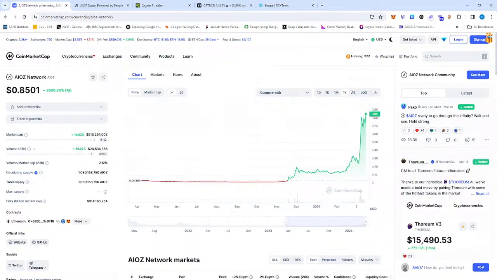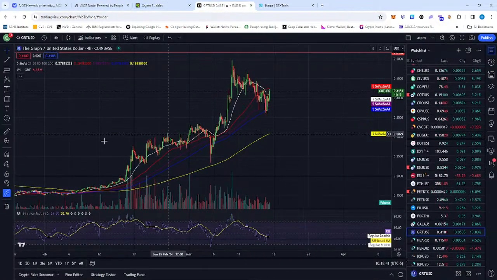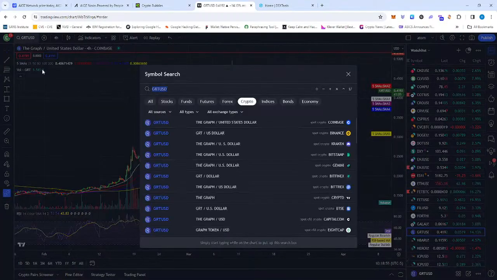Are there any other questions that y'all got? Anything that you want to know? Any coins you want to look at before I head out? Just type it in the chat or shoot me a message in the message group if you're on there. Let's see here.